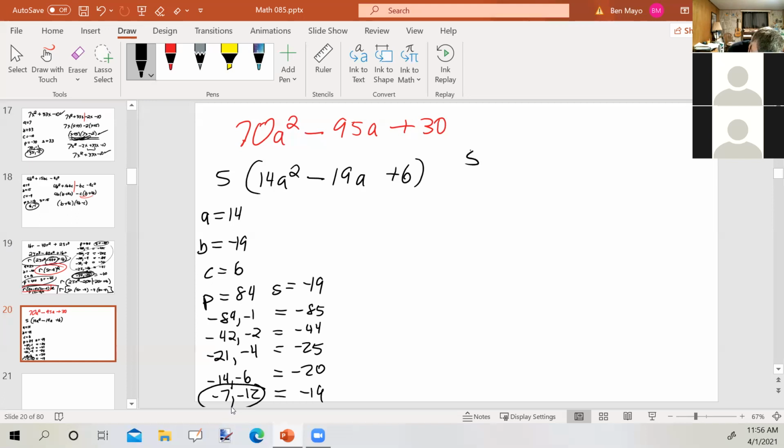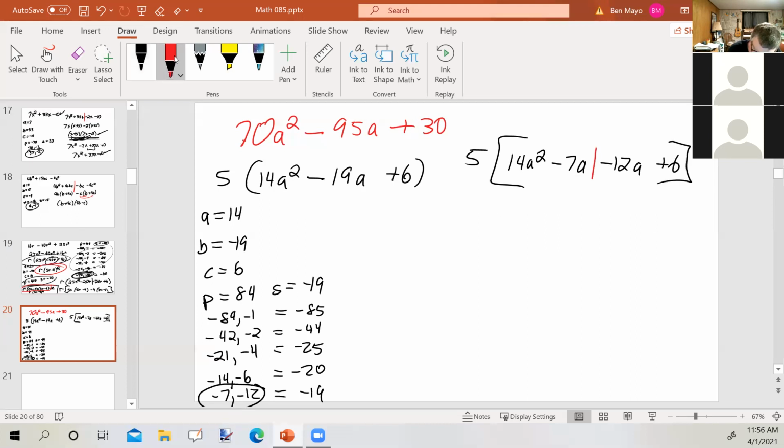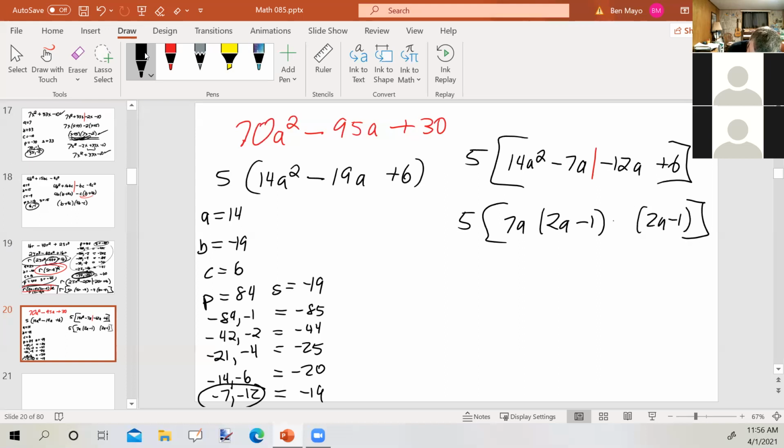So this becomes 5 times the quantity 14a squared minus 7a minus 12a plus 6. Factoring by grouping, 5 times, let's see, the greatest common factor is 7a with 2a minus 1, 2a minus 1, and a minus 6. 5 times 2a minus 1 times 7a minus 6.